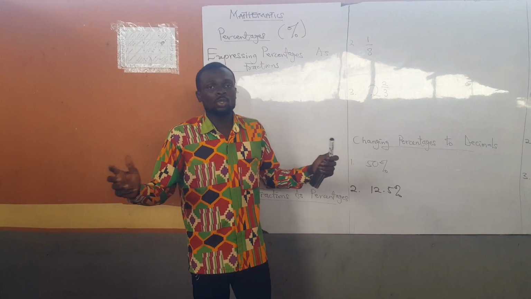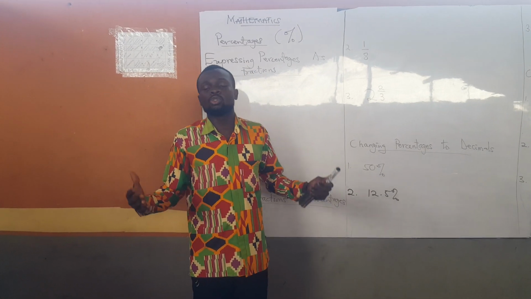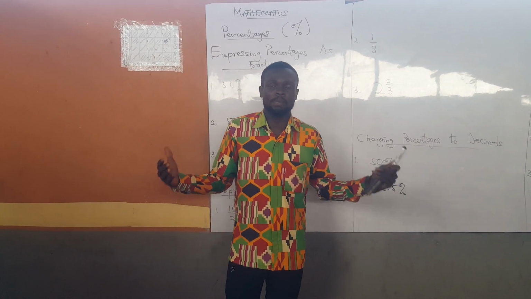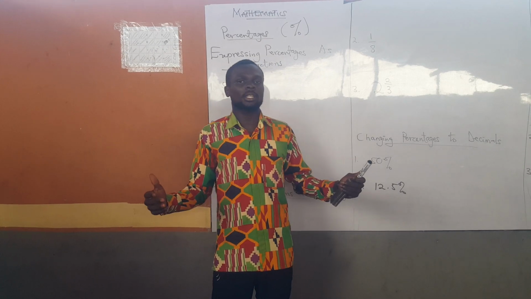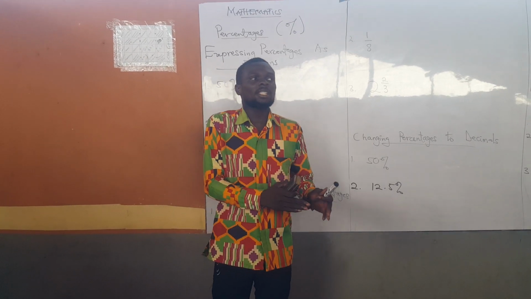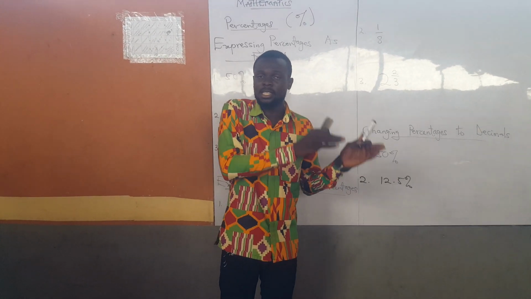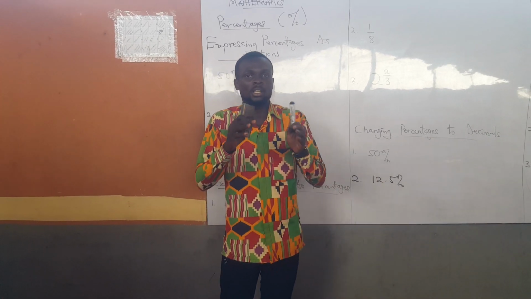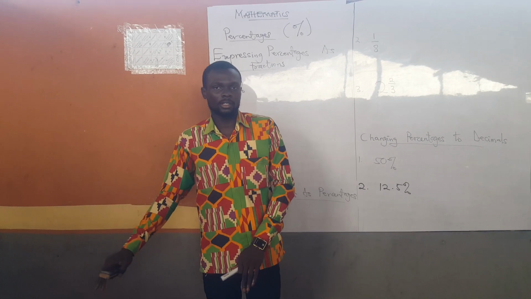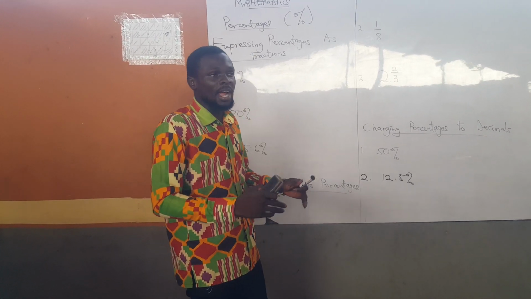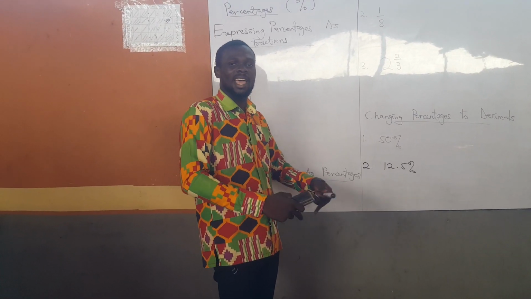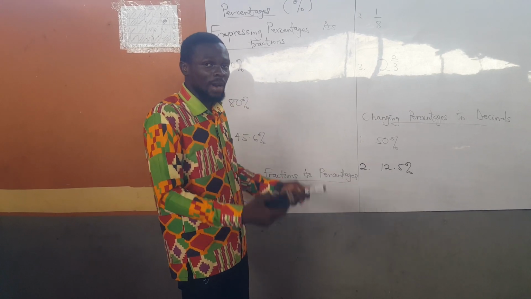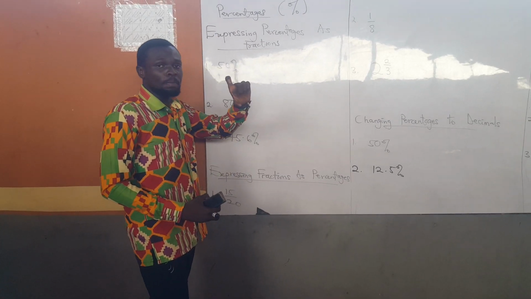Good. So we want to look at how to write percentages as fractions. When you see 80%, it means it is 80 out of what? 100. 20% is 20 out of 100. So if you want to express a given percentage as a fraction, look at the given percentage.